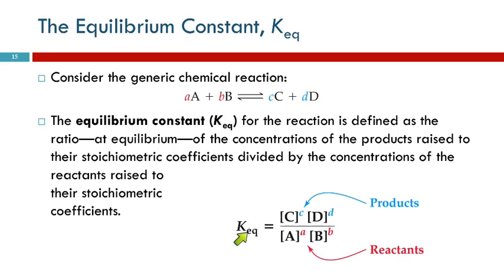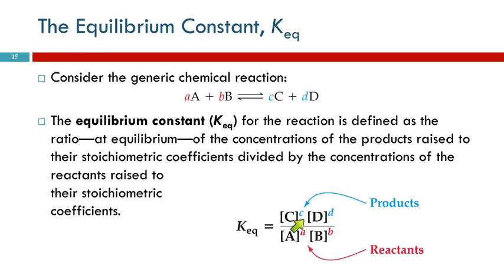So the equilibrium constant is equal to the concentrations of the products, so C and D, multiplied. And the brackets tell us this is concentration in moles per liter. And each of these is raised to an exponent. The exponent is the coefficient in the balanced chemical equation.